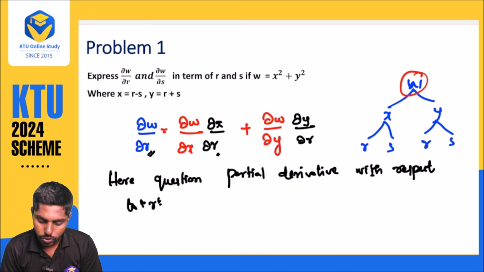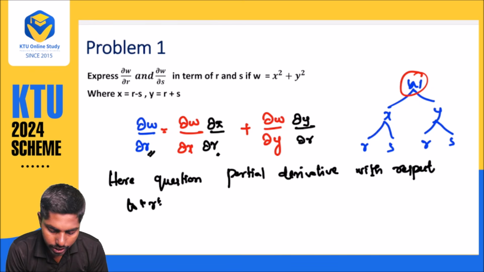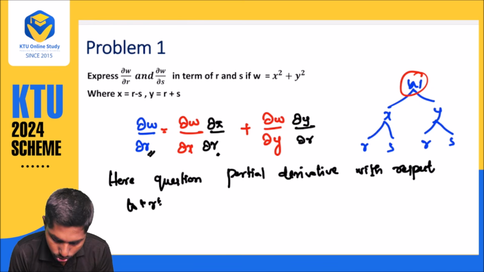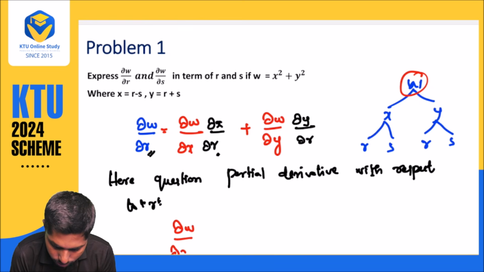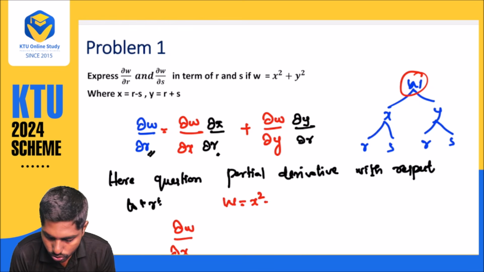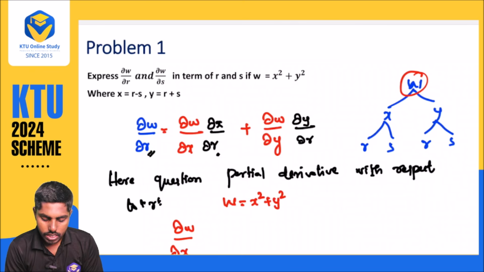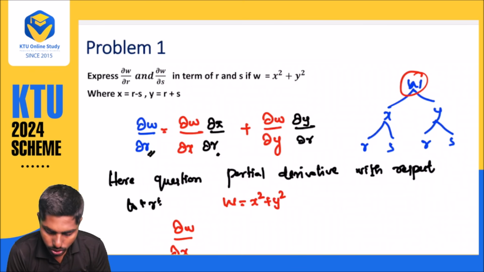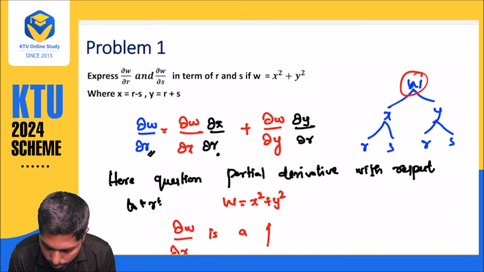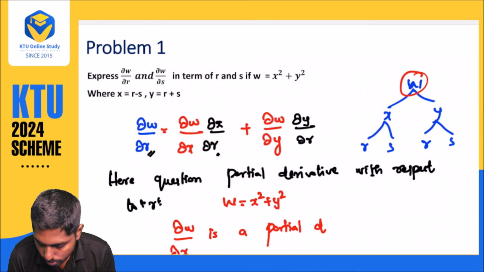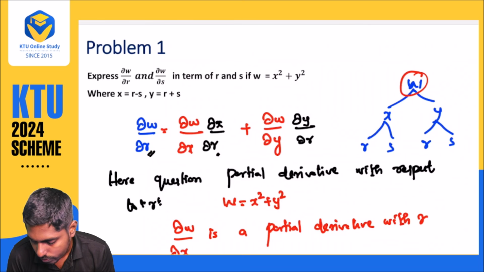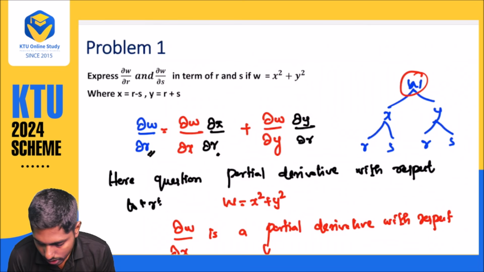How will we be solving? First we want to identify ∂w by ∂x. What is w? w is equal to x squared plus y squared. So ∂w by ∂x is a partial derivative; we are partially differentiating with respect to x.